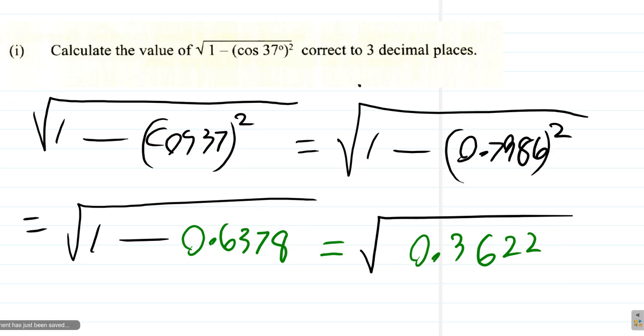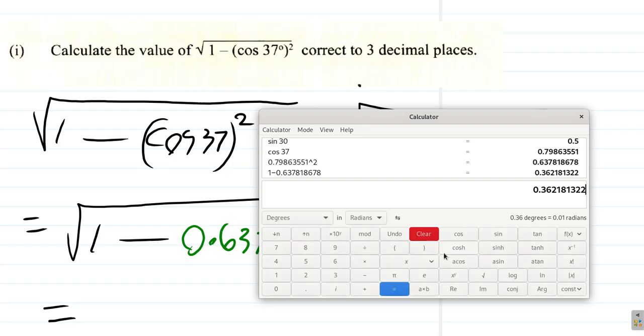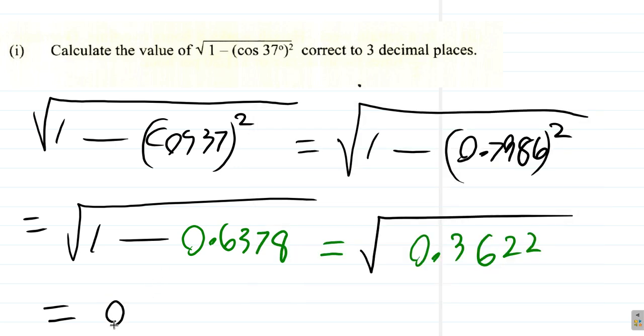And then you're going to find the square root of 0.3622. So what do you get? Square root of that equals 0.602 to 3 decimal places. So the answer for this is 0.602. Alright? So you got that.